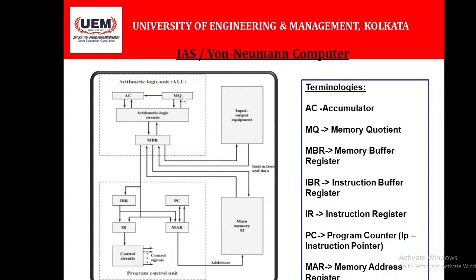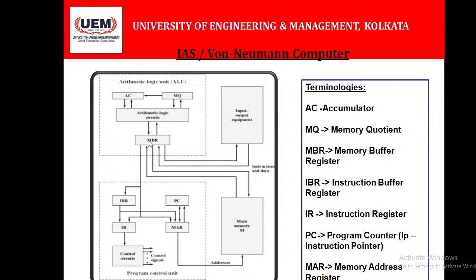AC denotes the accumulator. Along with that, MQ is the memory quotient, another form of data storage. In the ALU, different types of arithmetic and logical operations are performed, and in further chapters, like in module 2, you will understand how we can design the ALU.